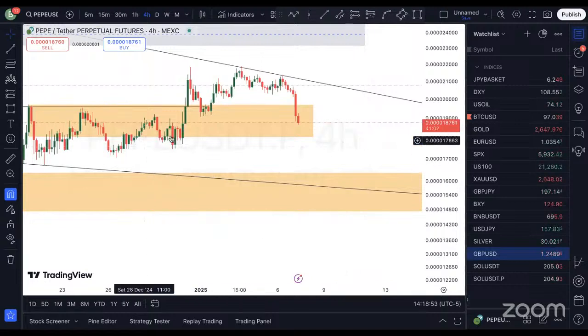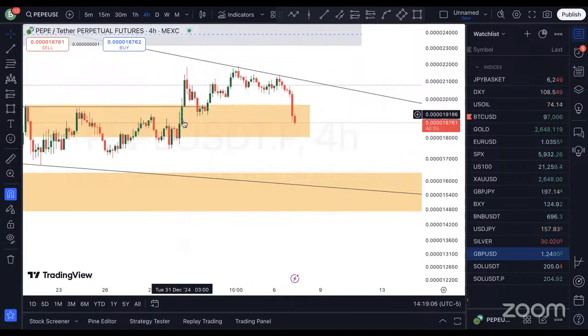If you look down here, there was a move that sponsored this push. Here, there's a fair value gap that was respected nicely. Price could not close below the fair value gap and price pushed up. But then here we have this green, which is the order block, because this green is lower than this red.